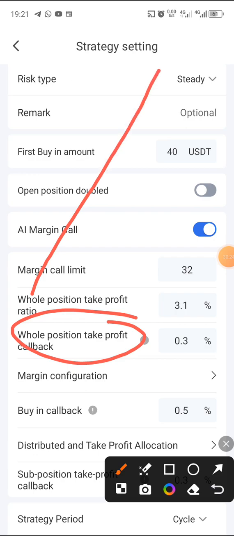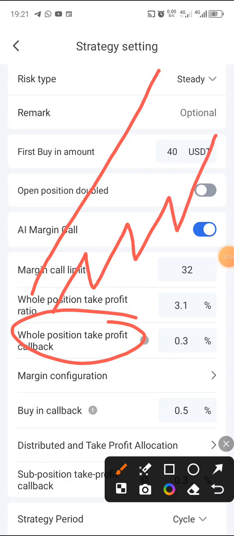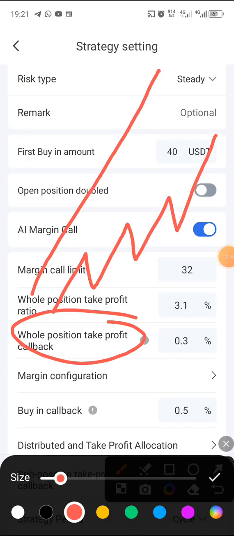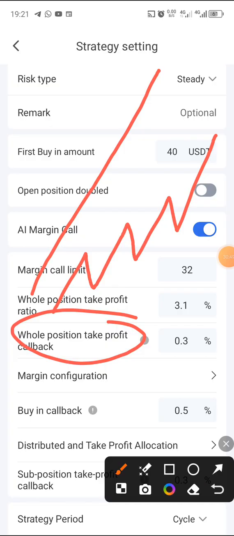No, it moves, makes a little bit of retracement, moves again, makes some bit of retracement, like that. That's how the market moves. So this point here, okay, let me change the color. From this point here up to here, it is what we call the take profit callback.